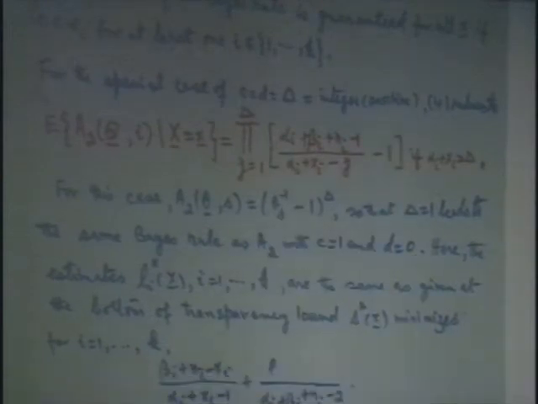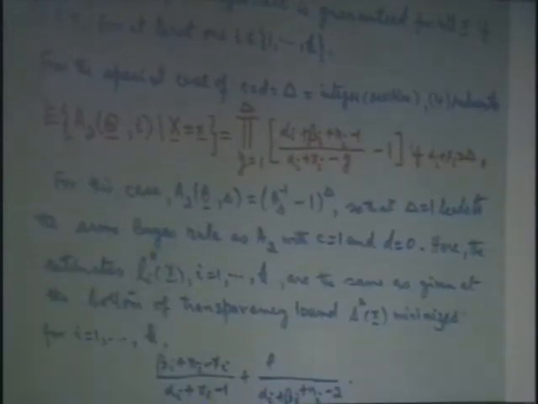So here in this case, A2 is equal to theta to the power minus 1, raised to the power delta, so that the choice of delta equal to 1 leads to the same Bayes rule as in the case with A2 and with c equal to 1 and d equal to 0.